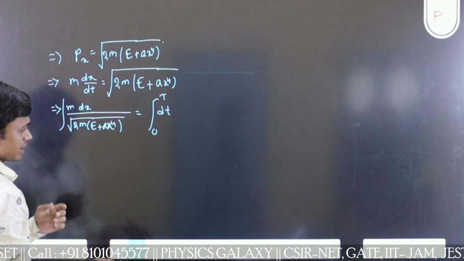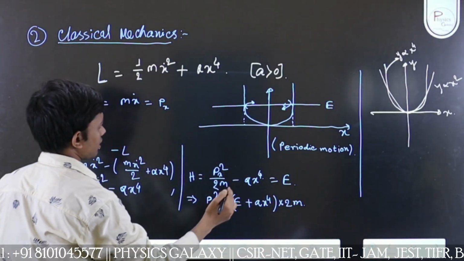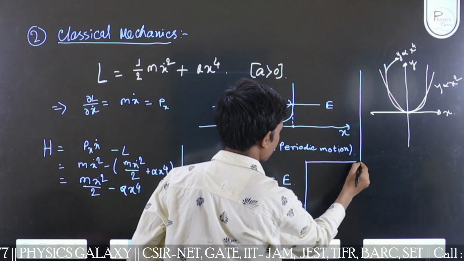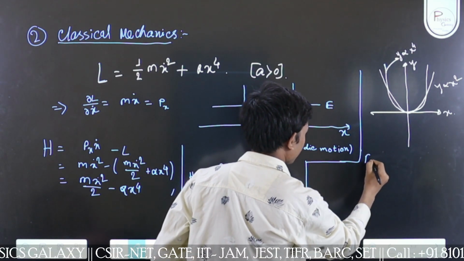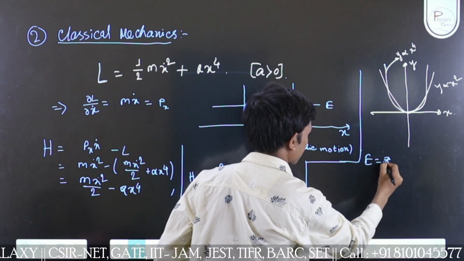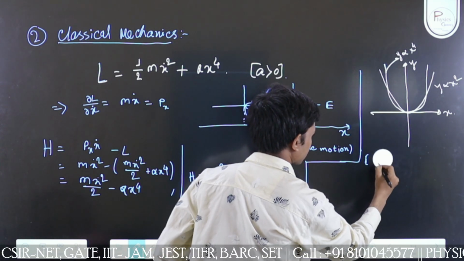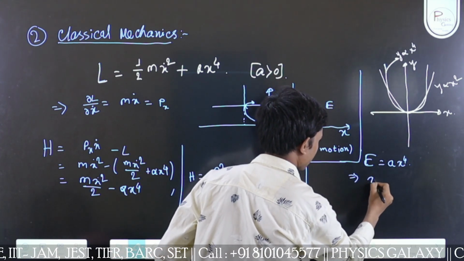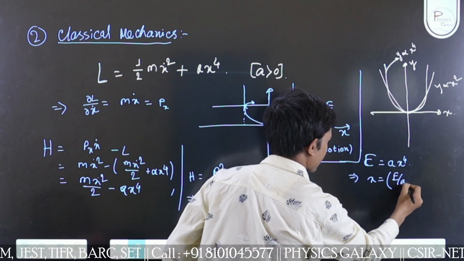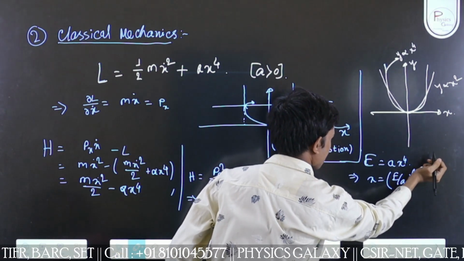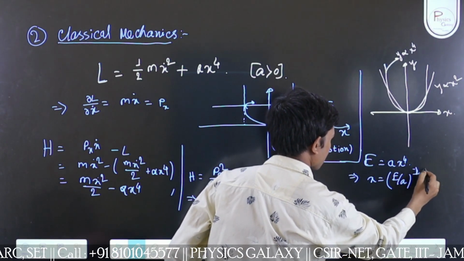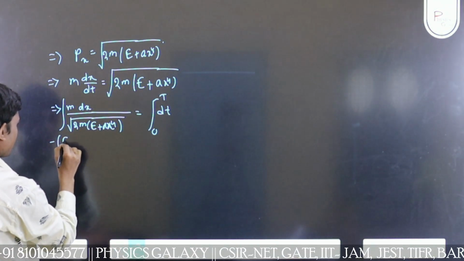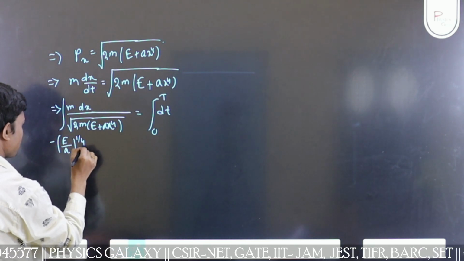They asked me what will be the limit of x, and I said that in this position, E will be equal to a x to the power 4, so x will be E by A to the power 1 by 4, and the limits will be minus and plus E by A to the power 1 by 4.